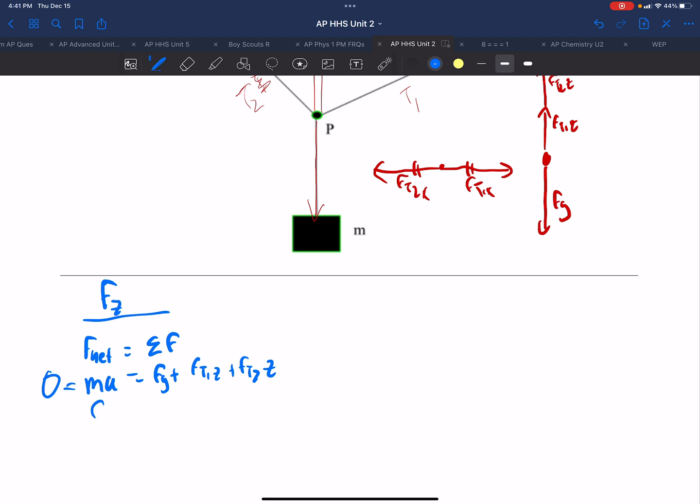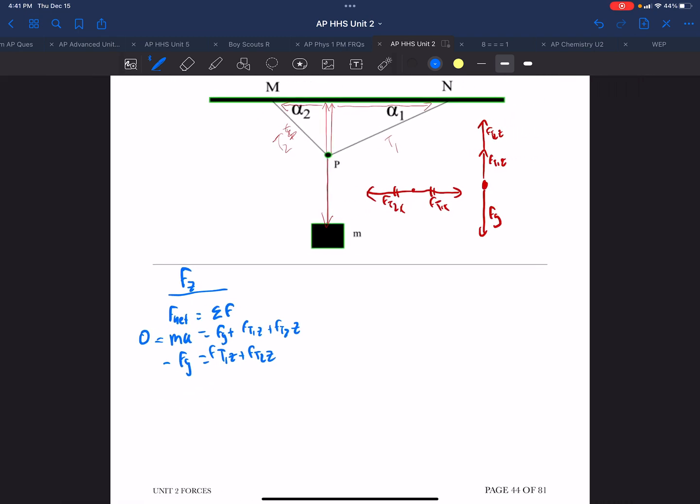So the force of gravity is equal and opposite to Ft1z plus Ft2z.